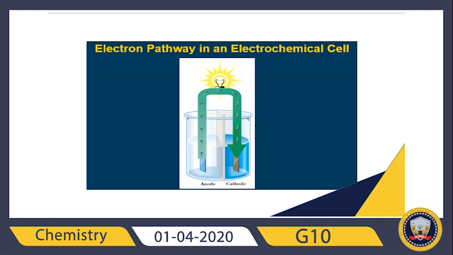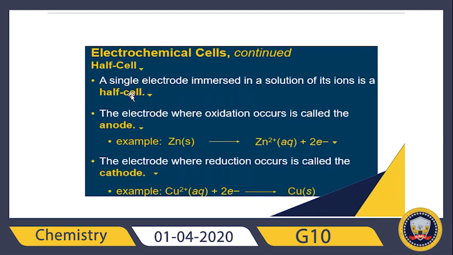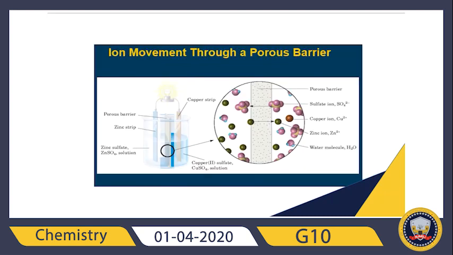Okay, so guys, the electrode where oxidation occurs is called what? The anode. While the electrode where reduction occurs is called what? The cathode. So again, the anode is the electrode at which oxidation will take place, while the cathode is the electrode at which what? At which reduction will take place.